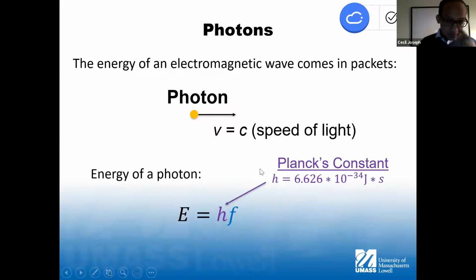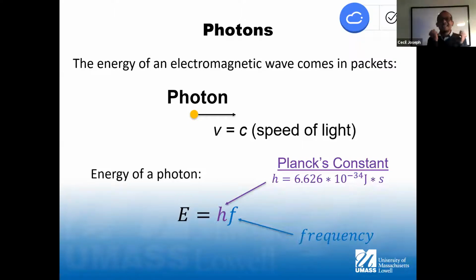In this equation, h is of course Planck's constant, and that number is tiny. So the energy of a single photon when measured in joules is generally a very, very small number, which is why typically we use something like electron volts as our units for energy. But remember, the SI unit is still joules. So if you're using this equation with h in SI units, make sure f is in hertz, and that will give you E in joules.